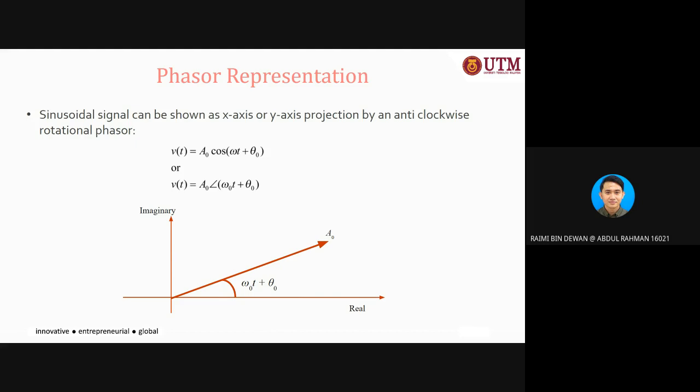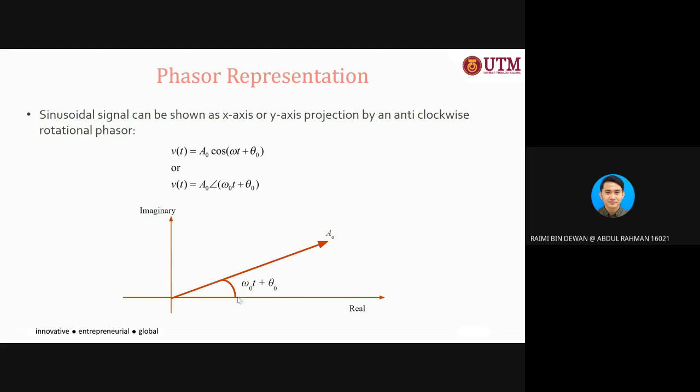Okay, noted. Sinusoidal signal can be shown as x-axis or y-axis projection by an anti-clockwise rotational phasor. Anti-clockwise, not clockwise. If it's clockwise, you will have negative.